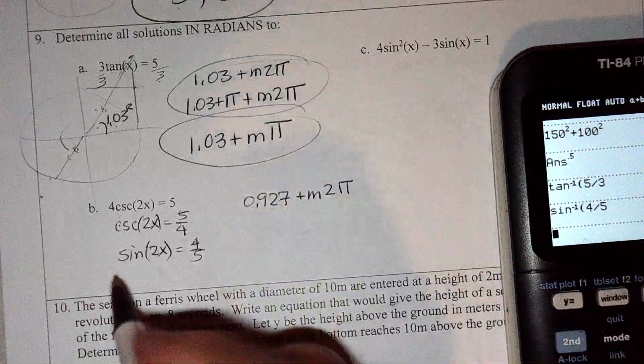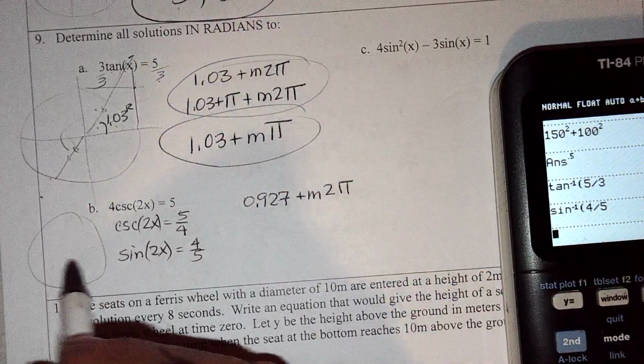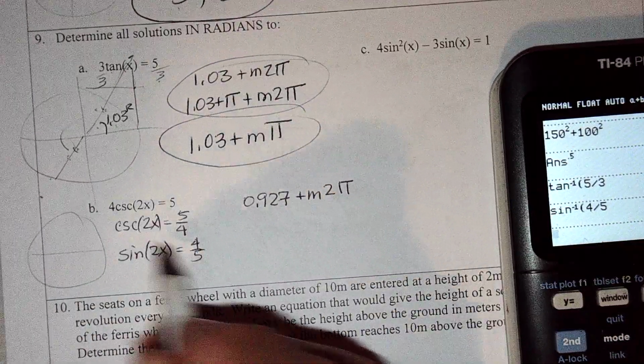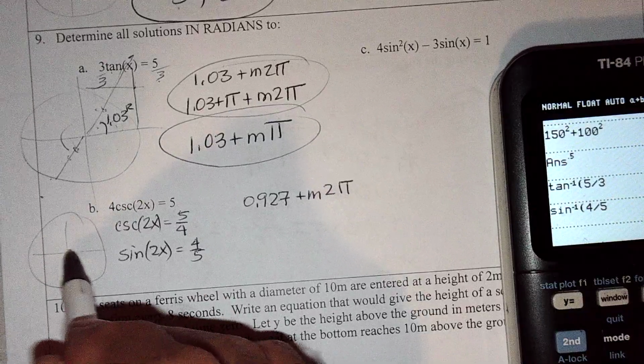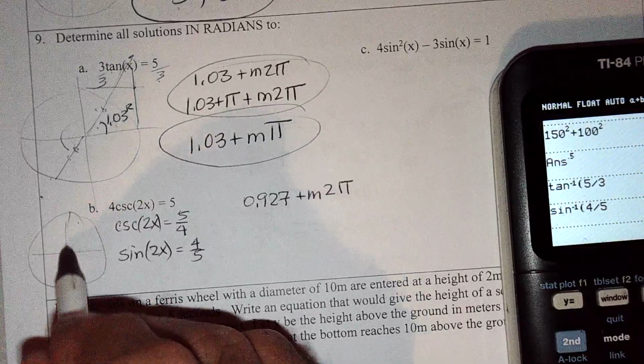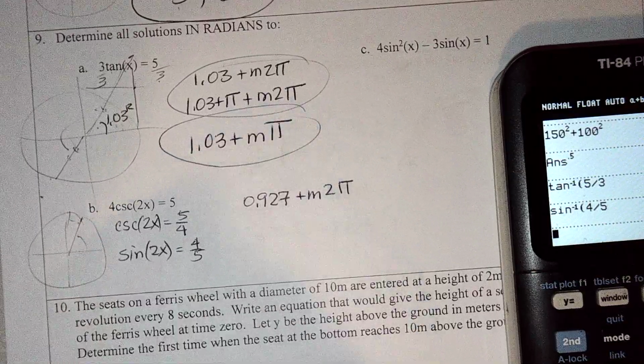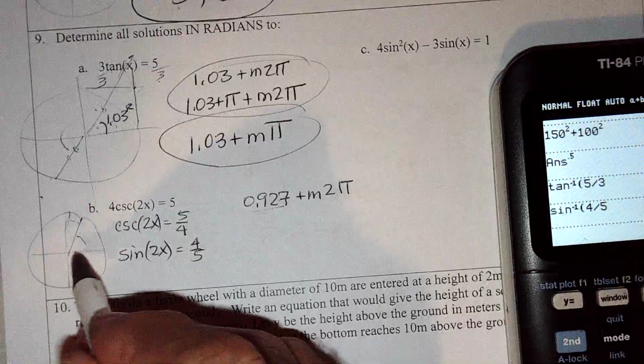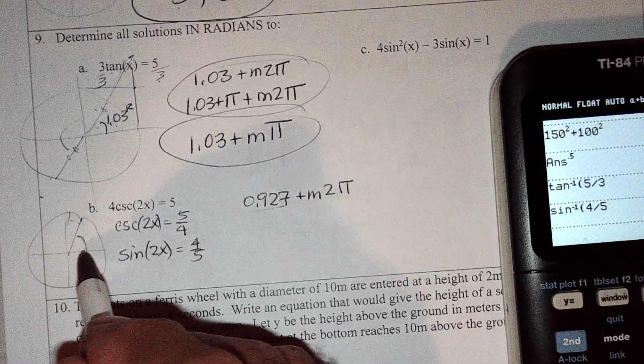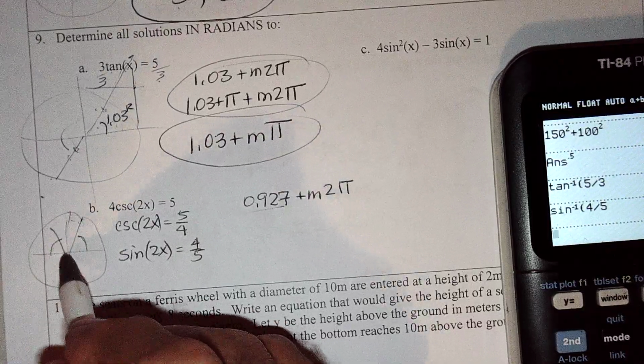or for sine, it's 4/5, almost all 5/5, 4/5. It's up here. That would be the angle, this angle. Or it would be pi minus that angle.